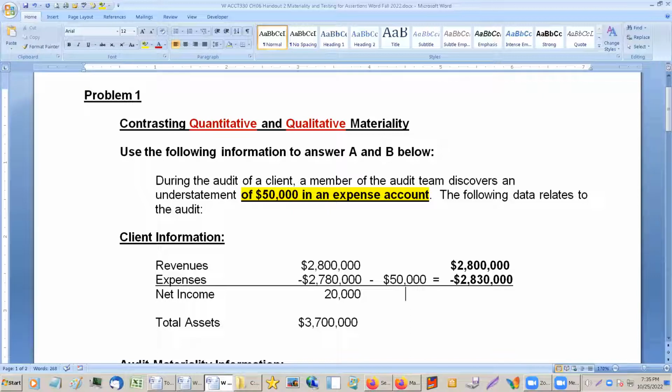And this would turn out to be a loss. 30,000.